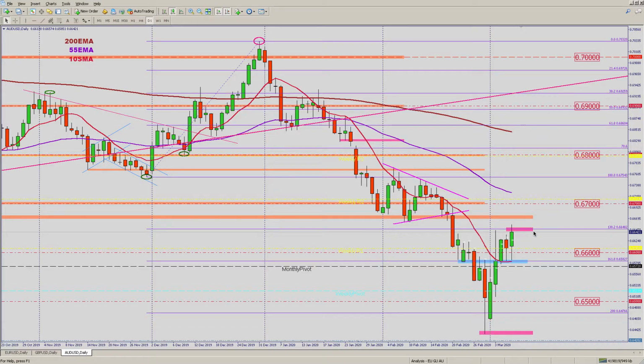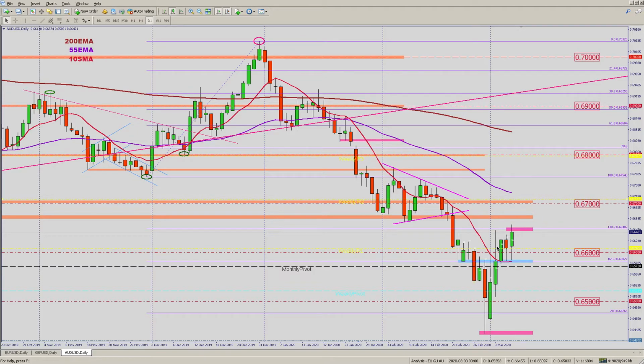That's where we marked the intermediate resistance, at the 0.6650 area, so it's recovered above the 0.66 level and is attempting to retest the 0.67 level for next week.